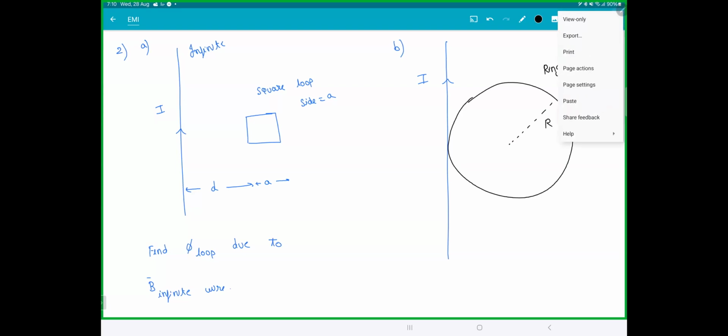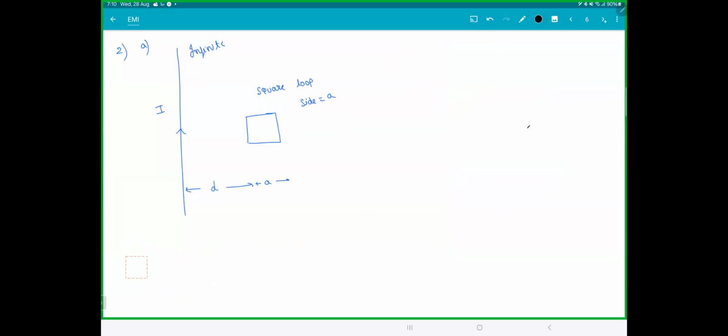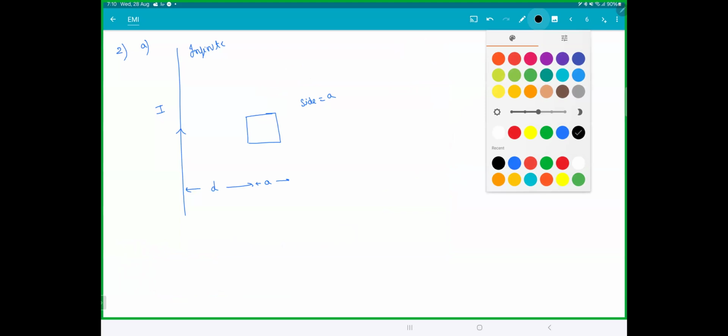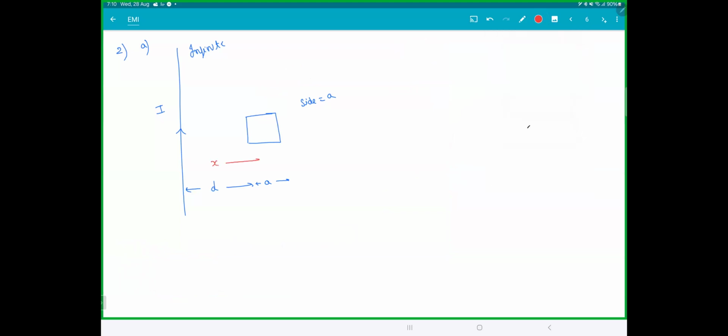First one, how to do? At a distance x, take a small rectangle of thickness dx. So the flux will be magnetic field into area. Both are perpendicular anyway, area vector and B. So B would be mu naught I by 2 pi x.